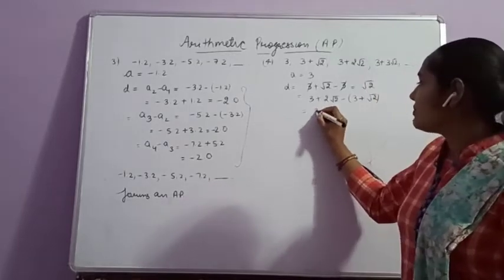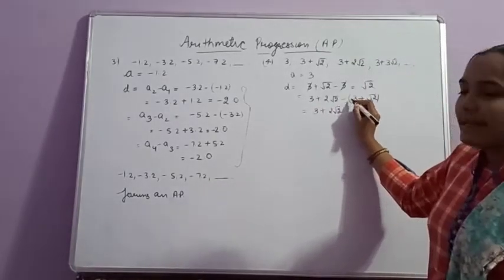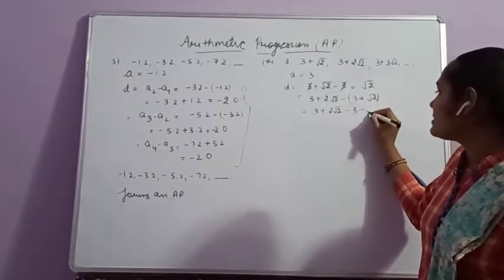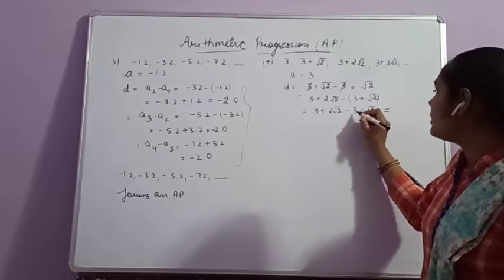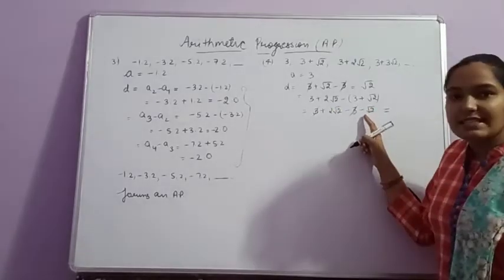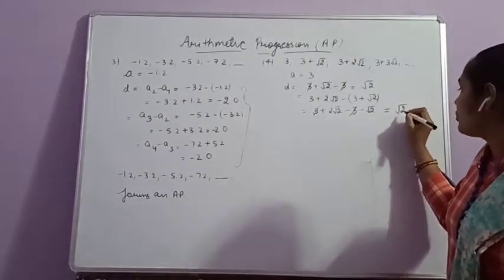Clear? 3 plus 2 root 2 minus 3 minus root 2, that is equal to 3 minus 3 cancel out, 2 root 2 minus 1 root 2, that is root 2.